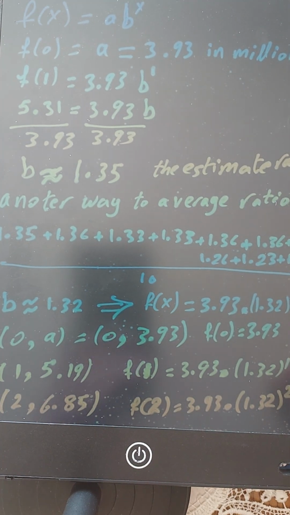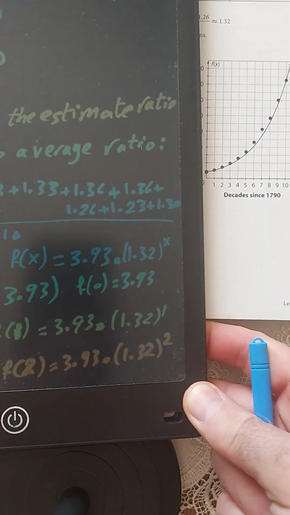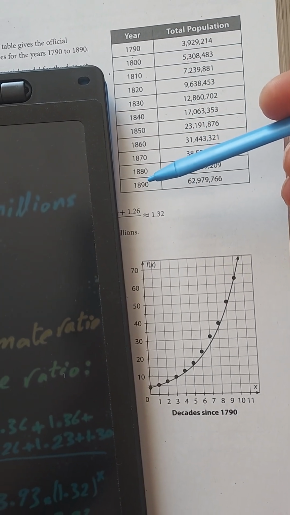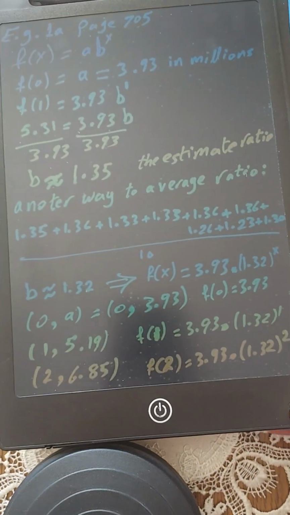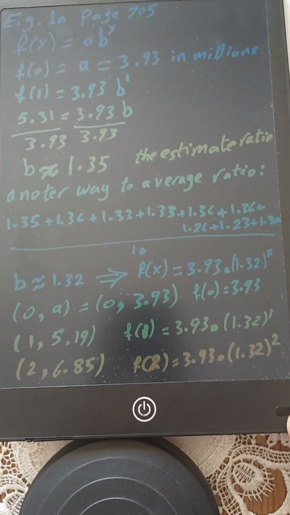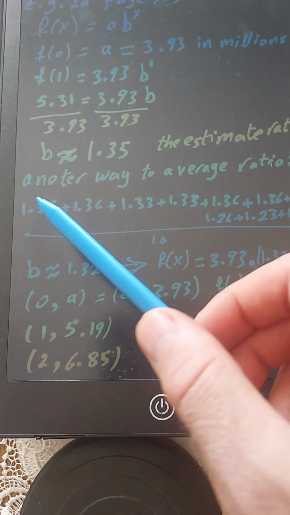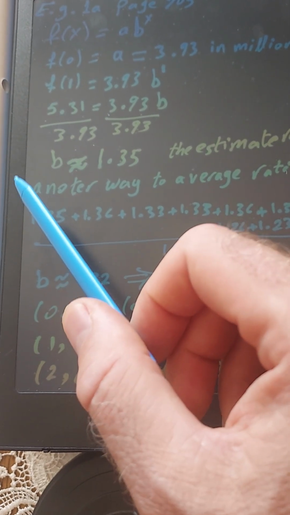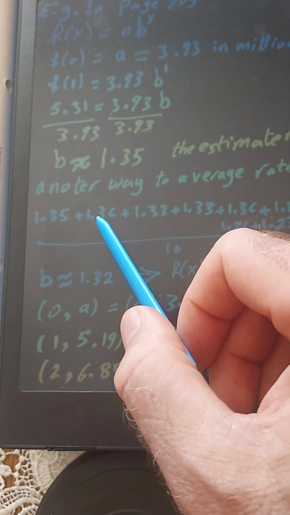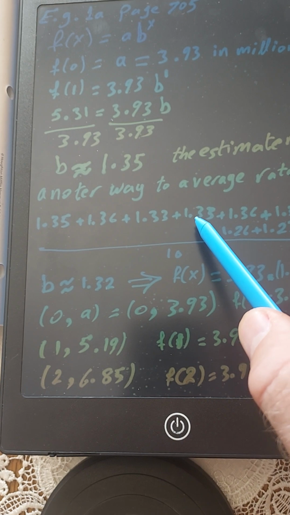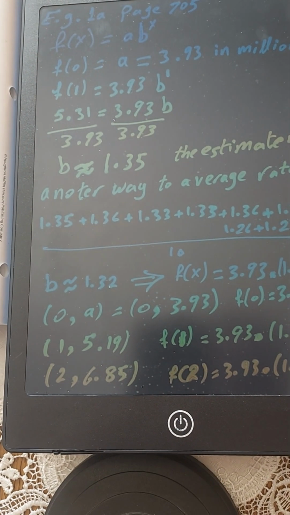Now we are given 10 values, from 1790 all the way to 1890. To determine the average ratio for the data table, we can calculate the ratio for f(1) over f(0), then f(2) over f(1), f(3) over f(2), all the way to f(10).